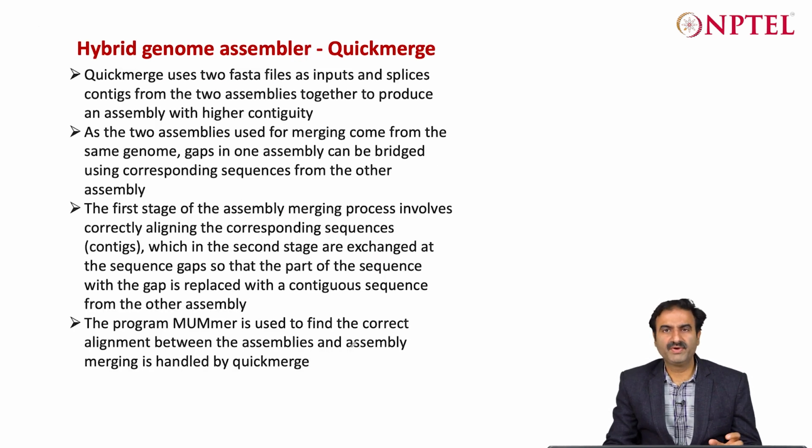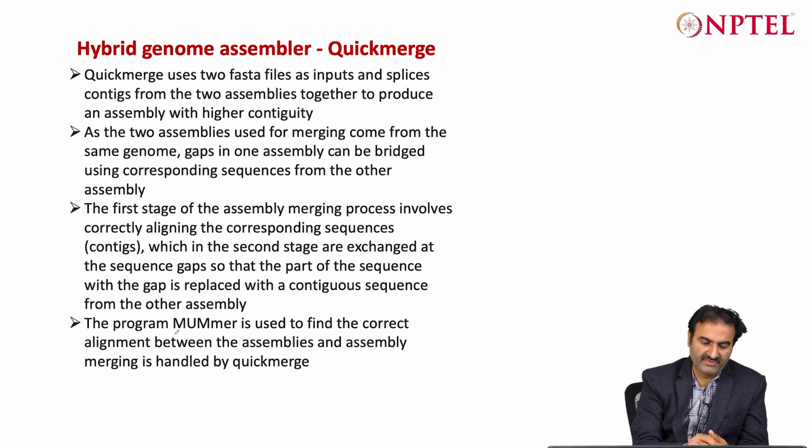So quickly, QuickMerge: what it does is find the overlap and merge the sequence. It is a way in which we can merge the short read and long read data, or basically their assemblies, together into a final genomic assembly. To find the overlap, it uses the MUMmer tool.